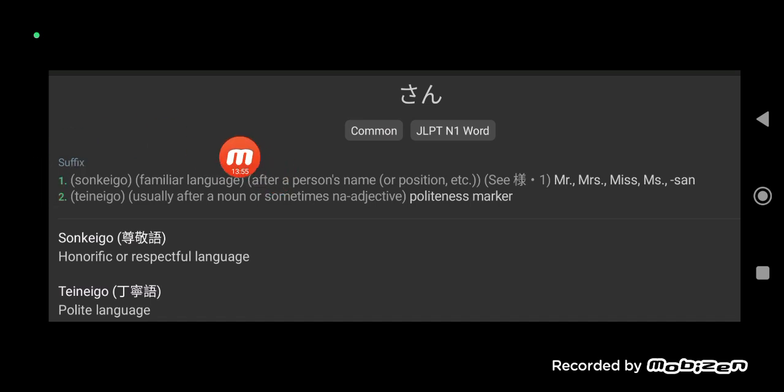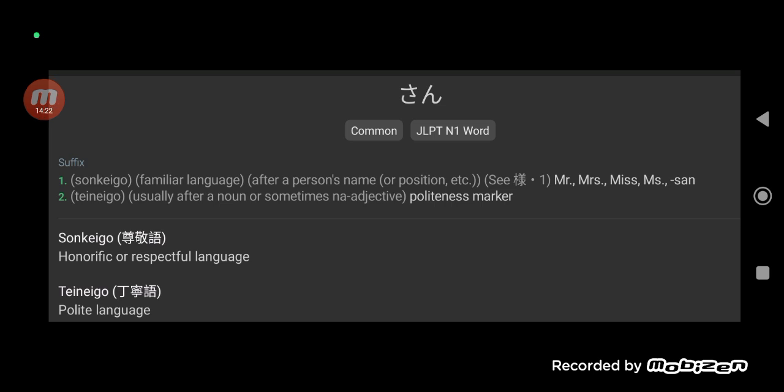Okay, and the most common way to refer, as we have been hearing thousands of times, to be respectful is to use the surname of a person and then suffix it with san.